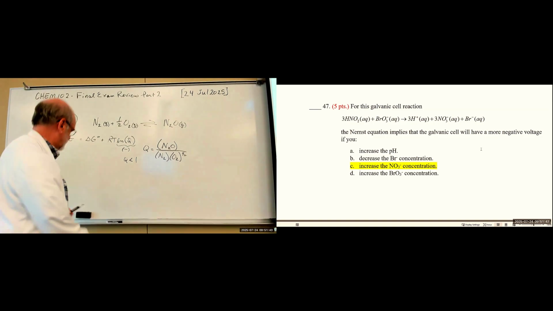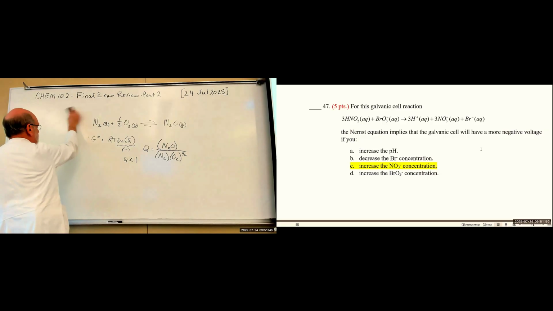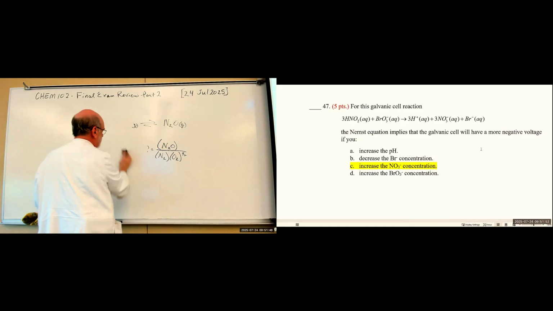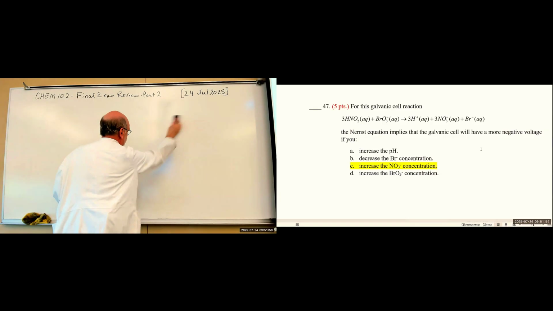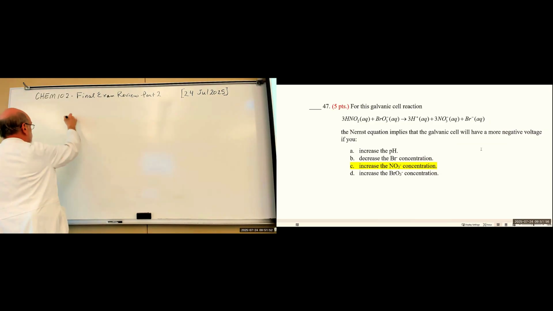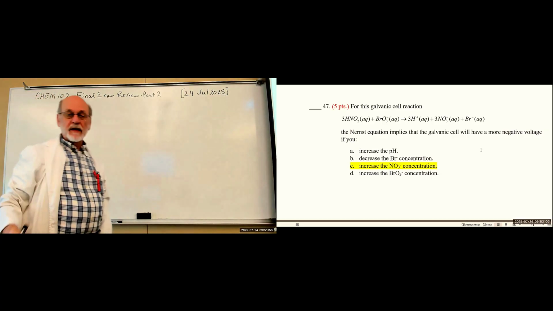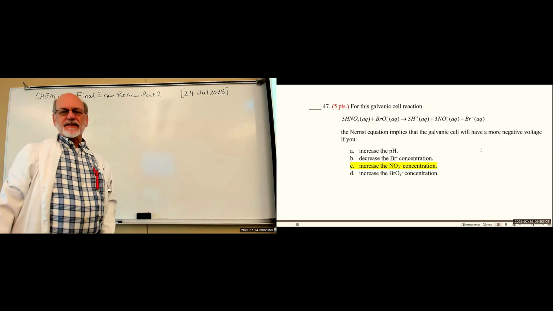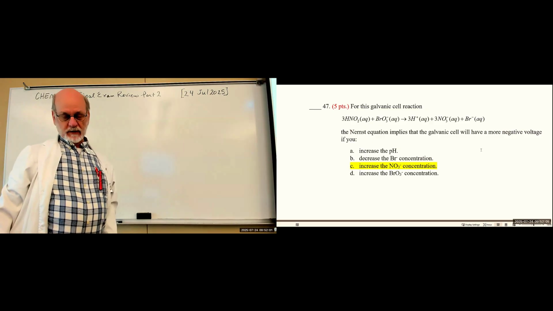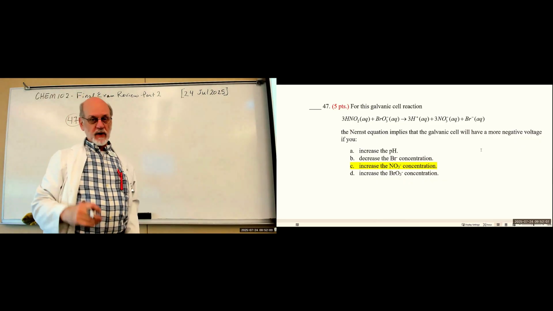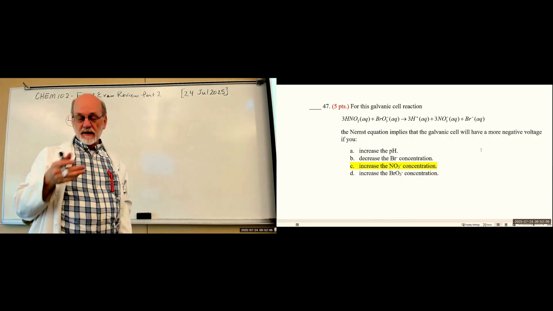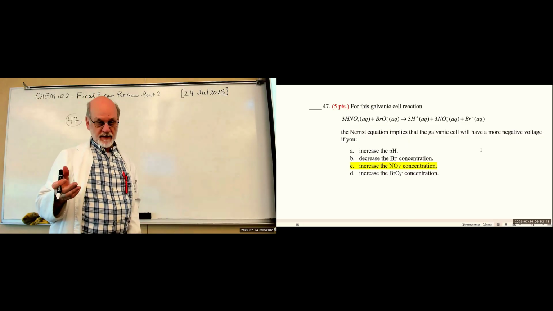Right, 47. Oh, for this galvanic cell reaction. Okay, this is the complete reaction. We haven't separated into half cells yet. We may not have to. We're going to see about that.